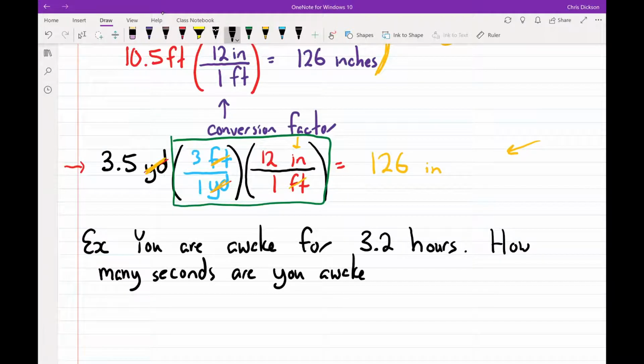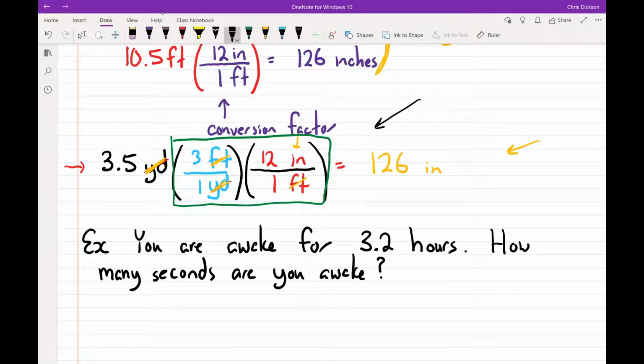Okay. So I'm going to do it this way, sort of multiple conversion factors, but you could easily do it as separate calculations if you want. So I've got to go somehow from hours to seconds. And for many of us, you may not know what that conversion is. But why don't you think about an in-between unit, something in between these units here.